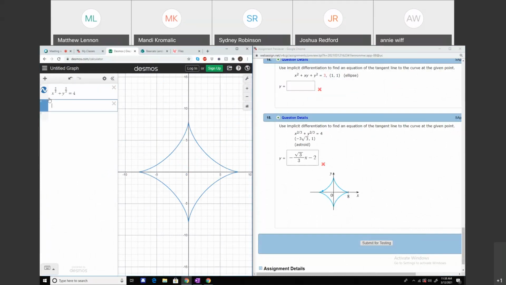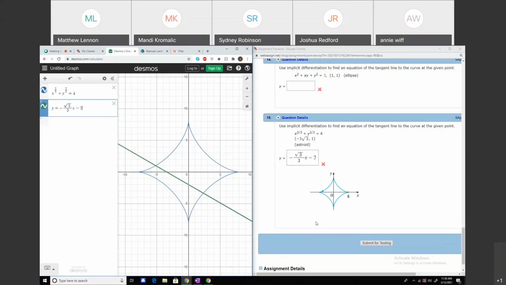And then we said we were doing y equals negative square root of 3 over 3 x minus 2. Yeah, so definitely something is wrong.